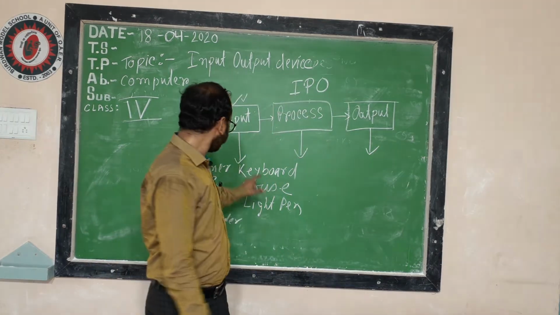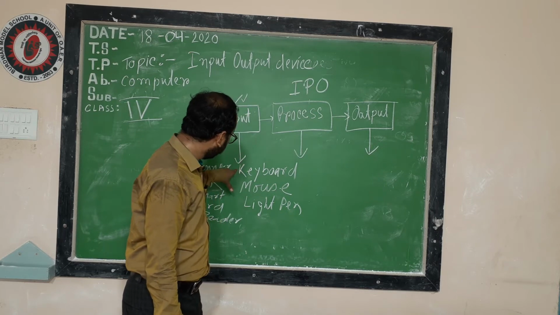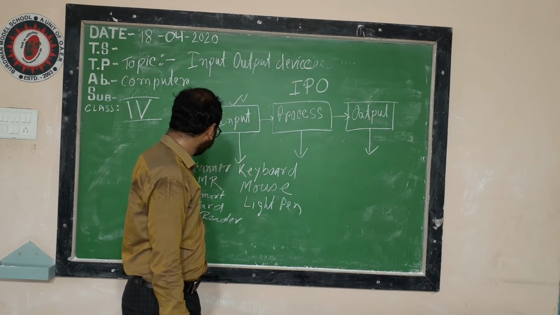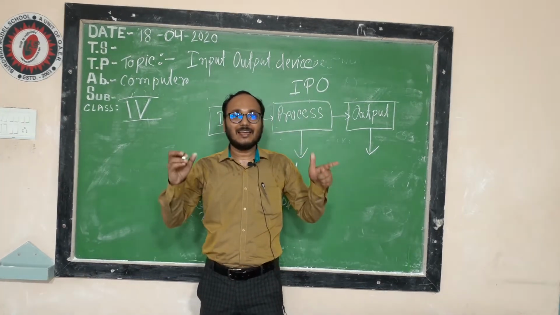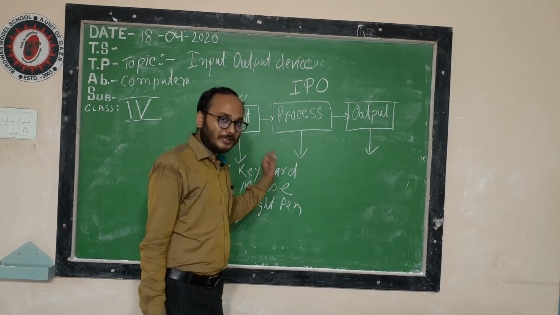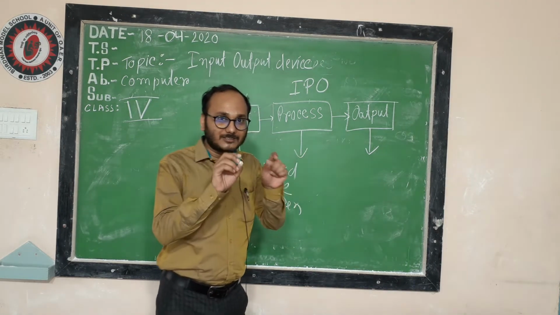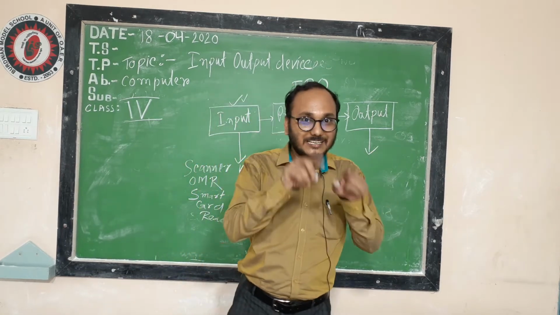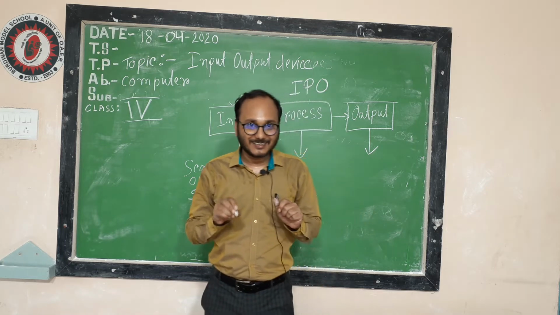Next class we will describe about keyboard, mouse, light pen, smart card reader, scanner with a PowerPoint presentation and some pictures. So just we define today what is keyboard. Keyboard, that means when we type, some keys are there, alphabet, number, functions keys.